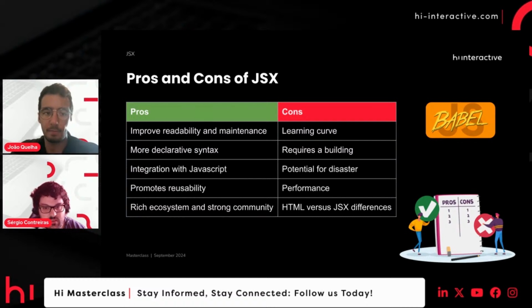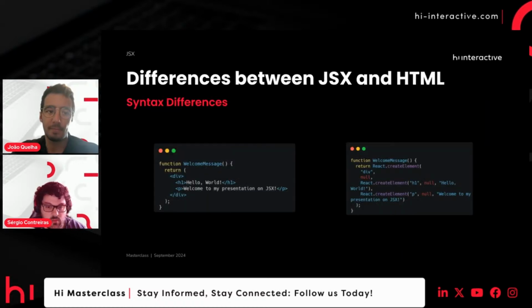Because of the transformation of JSX into normal JavaScript, it can be an issue in performance, not commonly a problem because most applications don't suffer from this. But if you have a big application, it can result in a slightly longer build phase. Now, in the next slides, we're going to explore more of the differences between HTML and JSX.